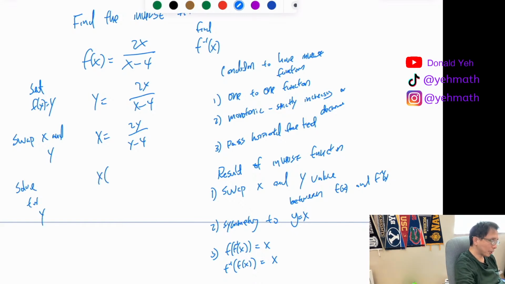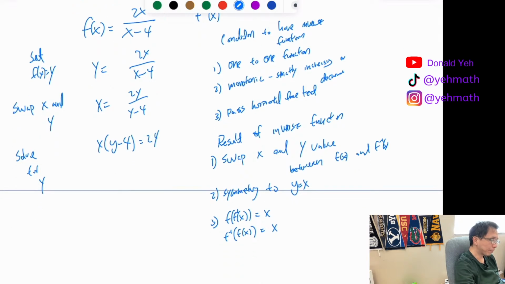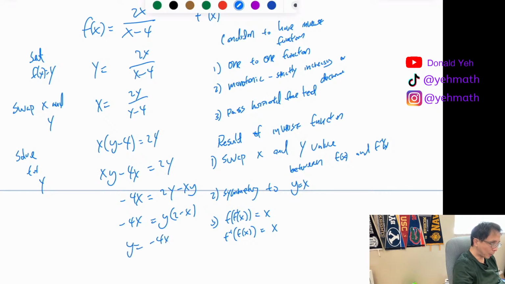So I'm going to multiply both sides by y minus 4. It's like a pig problem. xy minus 4x equals 2y. Move the xy to the other side. Factor out a y. And y is equal to negative 4x over 2 minus x.